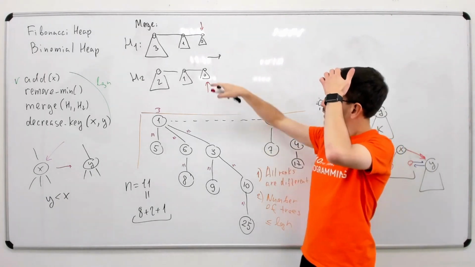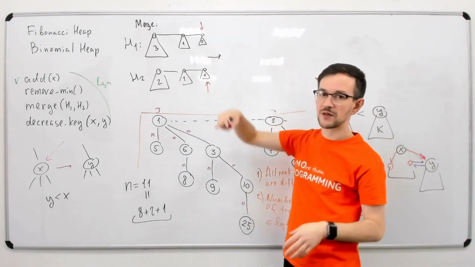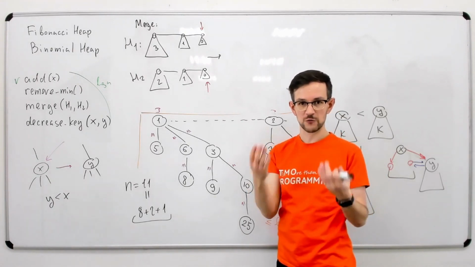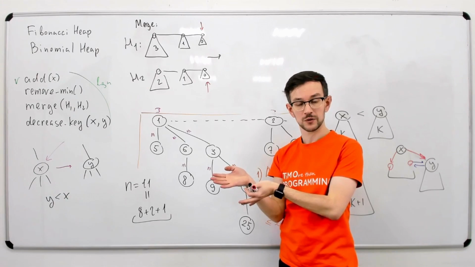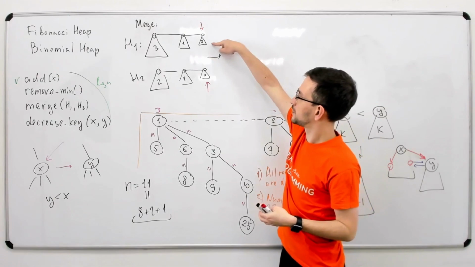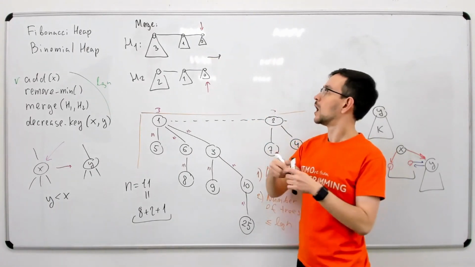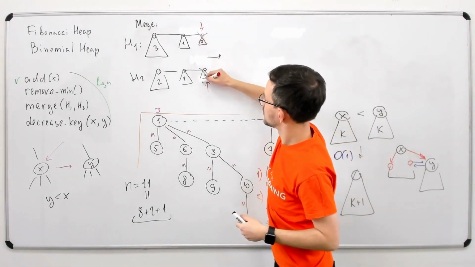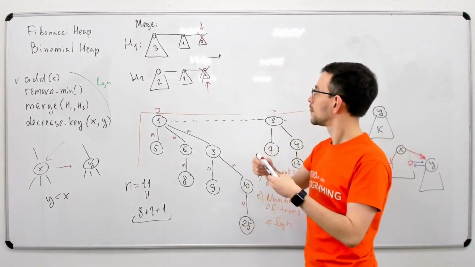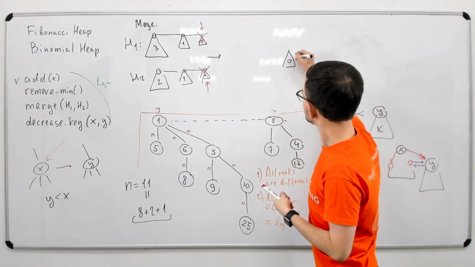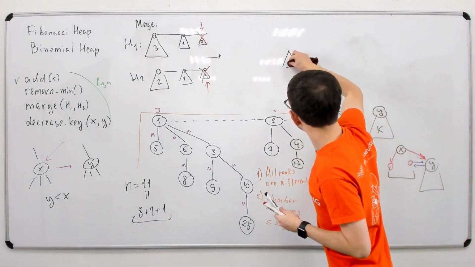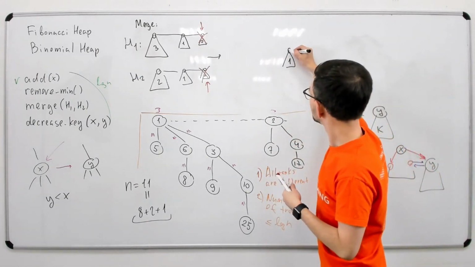Here we have a tree of rank 0, and here we have another tree of rank 0. We don't want to have two trees of the same rank in the resulting binomial heap. So what can we do? We can just combine these trees into one big tree. We take these two trees of rank 0, remove them from their heaps, then merge them into one tree of rank 1, and put this tree of rank 1 in the result.